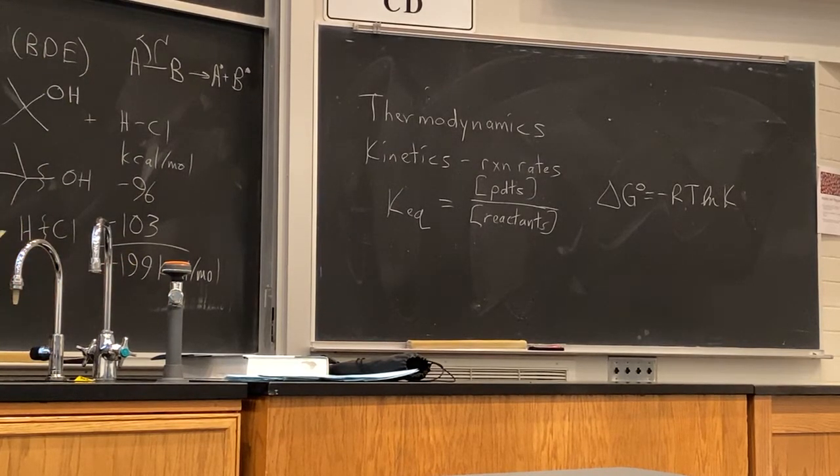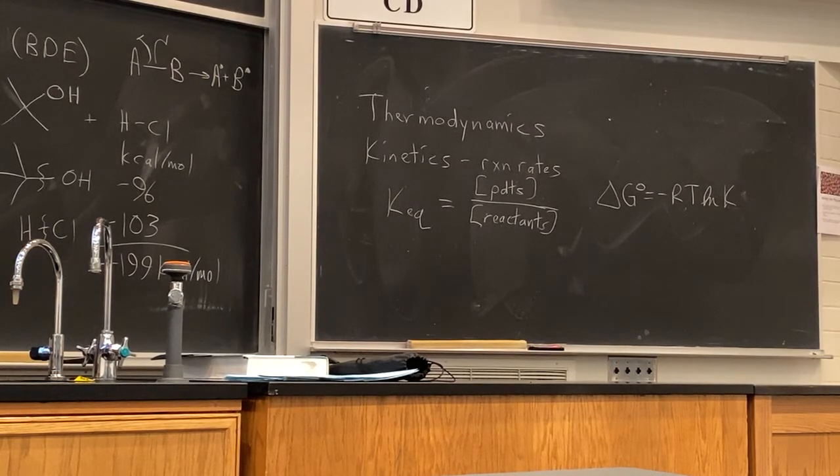Negative, exactly. Because the energy of the products is going to be lower than the energy of the reactants if the reaction is favorable. And it's always products minus reactants. And then you see here, because of this negative sign, if we have a K that's greater than 1, ln K is going to be a positive number, and that's going to make the delta G a negative number.